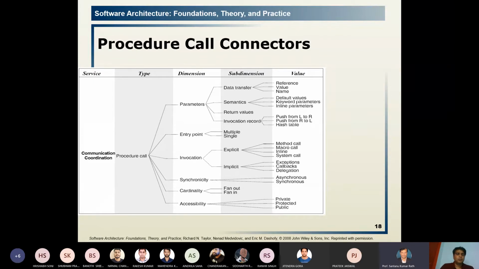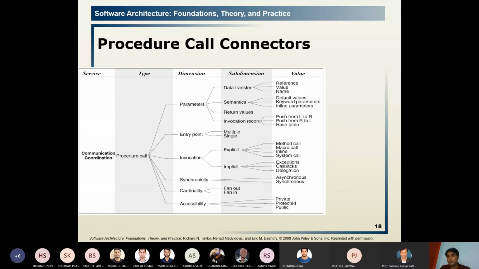First dimension of the procedure call is the parameters. In which sub-dimensions? These help for data transfer, semantics, return values, and for some invocation records. Data transfer means reference, value, names; all things we have to mention.